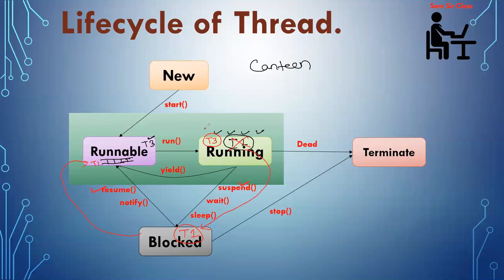Once the higher priority thread completes its execution, the resume method is called for the block thread, and it comes to the end of the runnable queue. Whenever its turn comes again, it will go for execution. Clear? Okay, so this is one state.